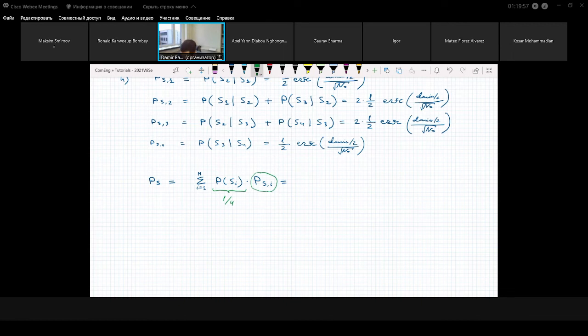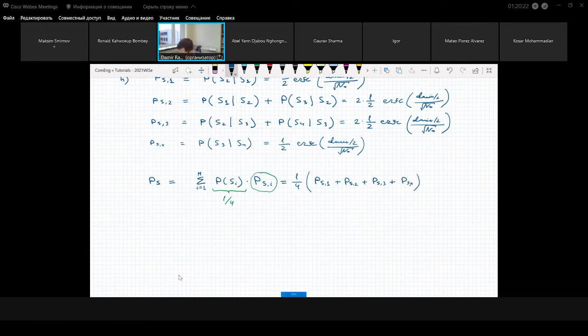So we get 1/4 times probability to make error for first symbol, for second symbol, for symbol 3, and for symbol 4.